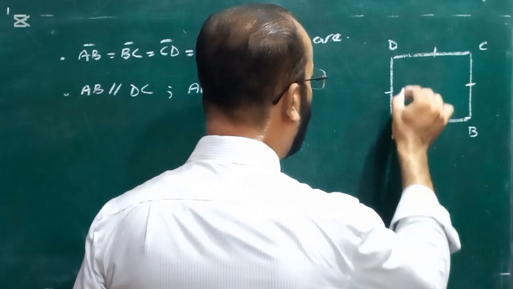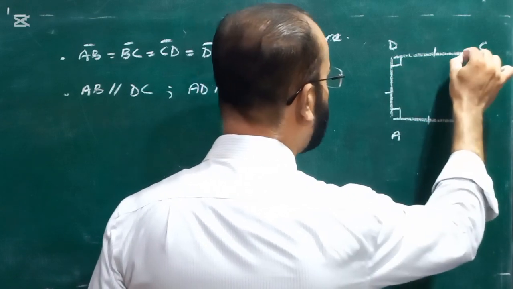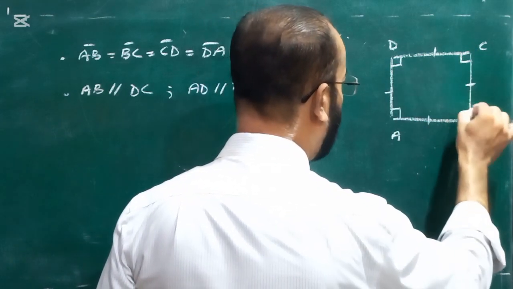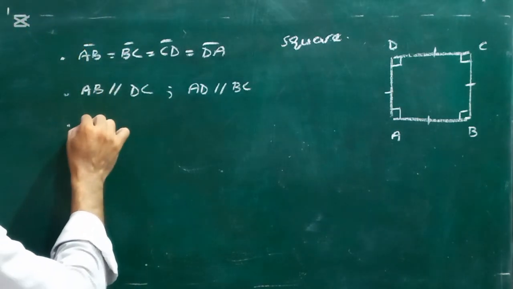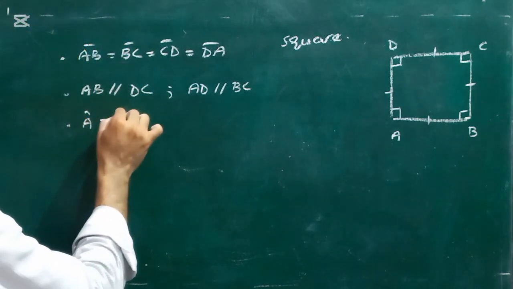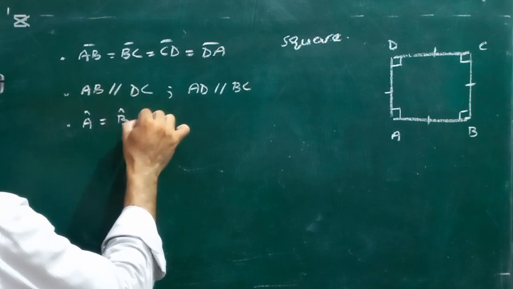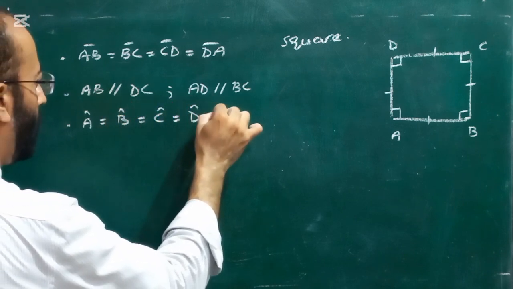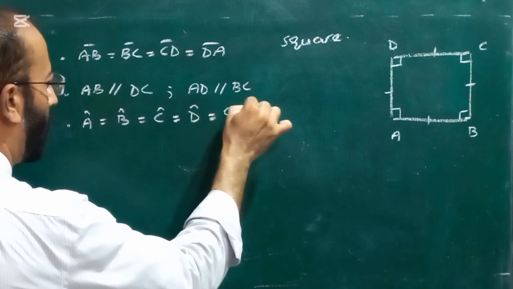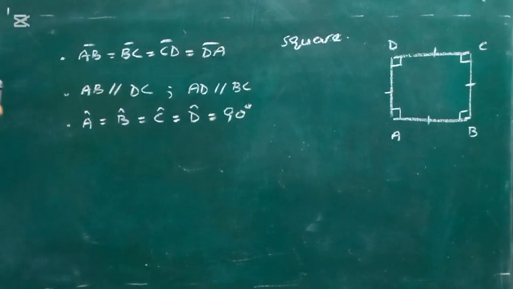Moreover, all angles are of 90 degrees. It means angle A is equal to angle B is equal to angle C is equal to angle D, and all angles are of 90 degrees.